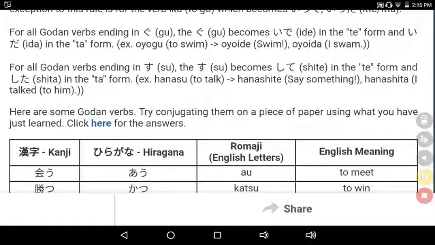For all Godan verbs ending in gu, the gu becomes ide in the te form and ida in the ta form. Example, oyogu, to swim, oyoide, swim, oyoida, I swam.